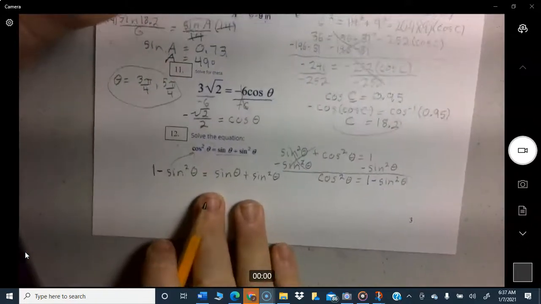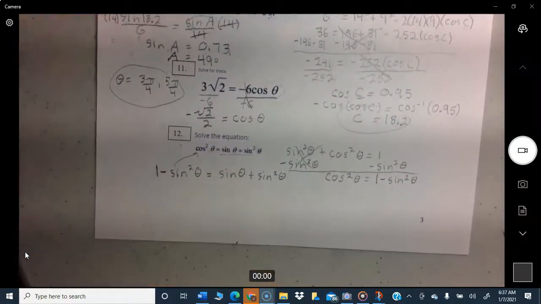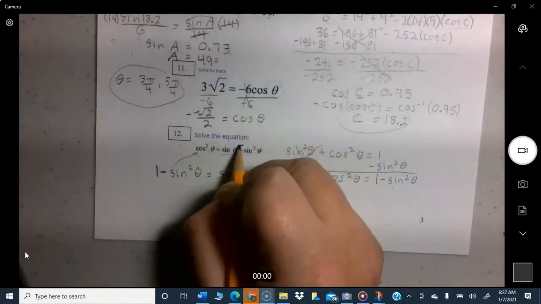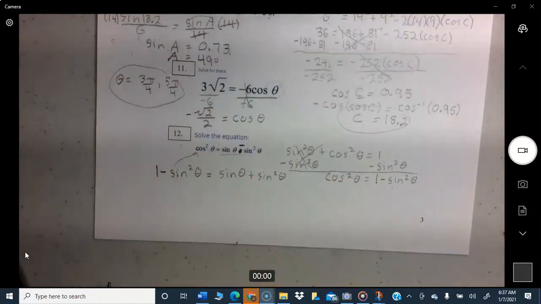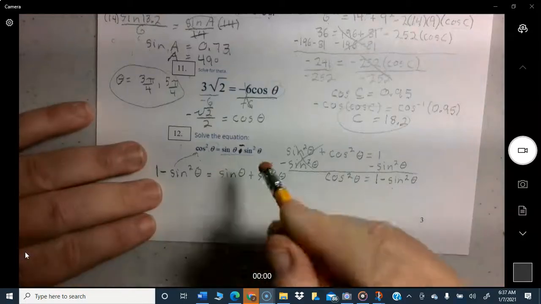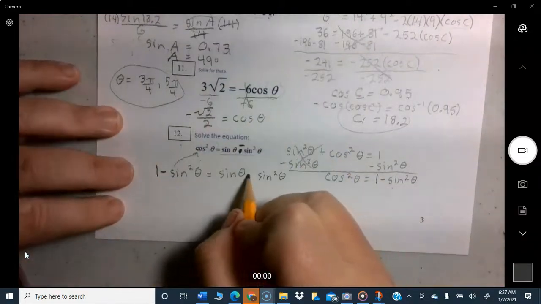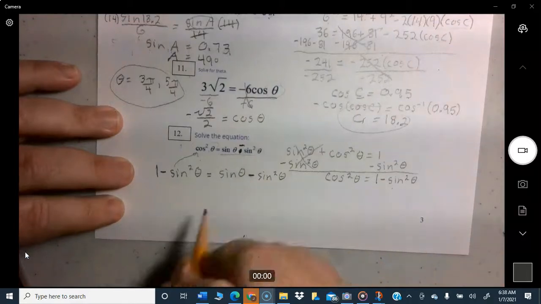Okay. Now, I'm actually going to change this, guys, to make it an easier problem. I'm going to make that a minus sign right there. Okay, and I'll do that on the test too. So this is a minus sign. I don't want to do one of these quadratic ones. I just don't want to do that on the test.